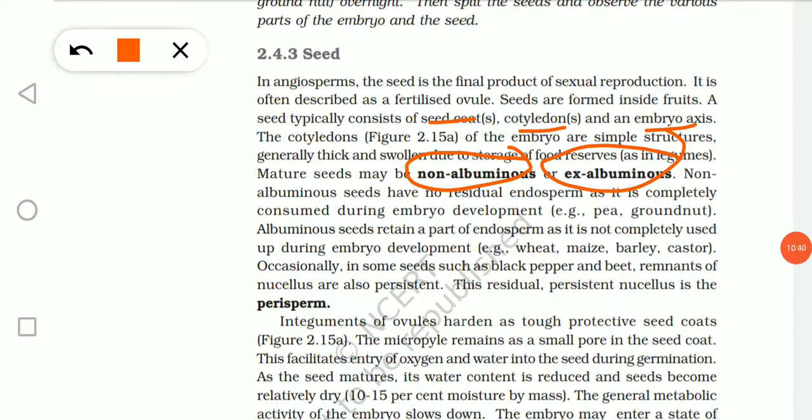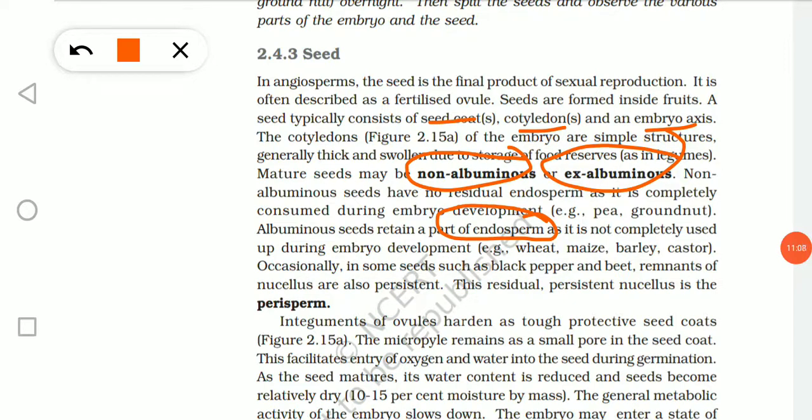What is non-albuminous? Where there is no residue of endosperm. It is completely utilized by the embryo, like pea and groundnut. In albuminous seeds, a part of the endosperm is retained. It is not completely used up, like in wheat and maize.